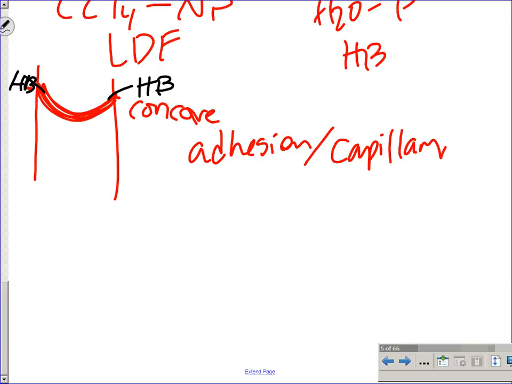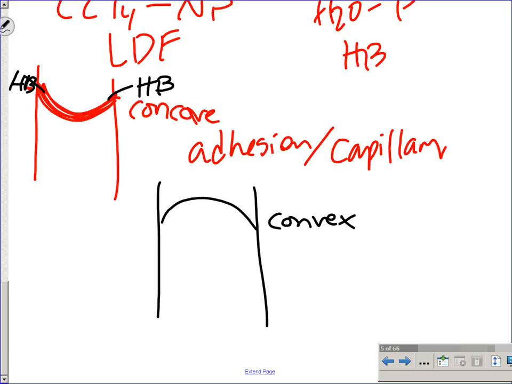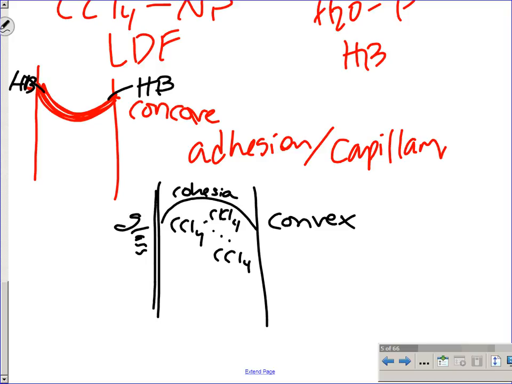Whereas carbon tetrachloride, it probably will be convex because it doesn't really attract to the glass, but more so it will attract to itself, CCl4 to CCl4. So it'll attract to itself through cohesion, because remember co means like cooperate together, so it'll really stick to itself, but it won't stick to the glass as much, so it doesn't create that meniscus. It has a convex appearance instead.